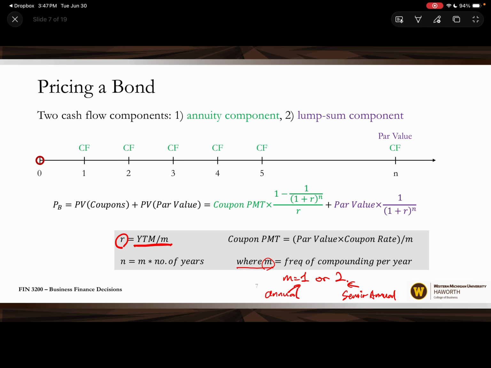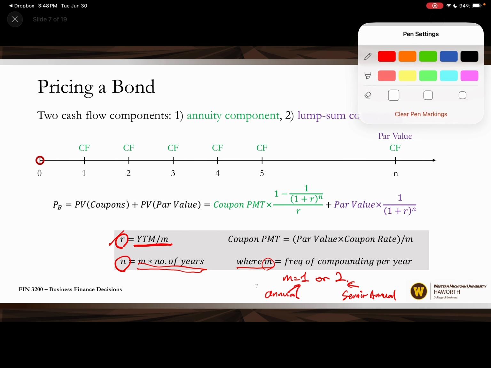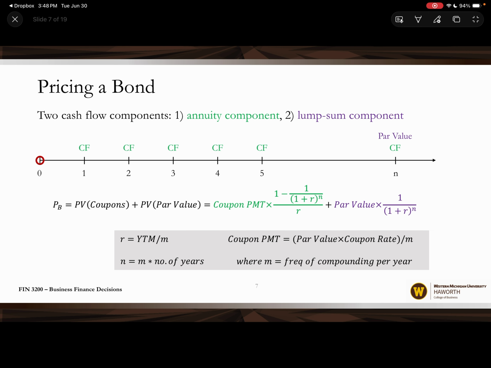So you gotta adjust the R and you gotta adjust the N too. If it's just an annual bond, you'll see in the examples later, N is just a number of years. If it's a 10-year bond, then you use N of 10. But if it's a semi-annual coupon bond, basically the units on the timeline become 6-month periods.